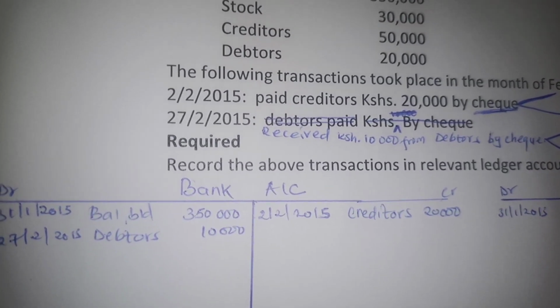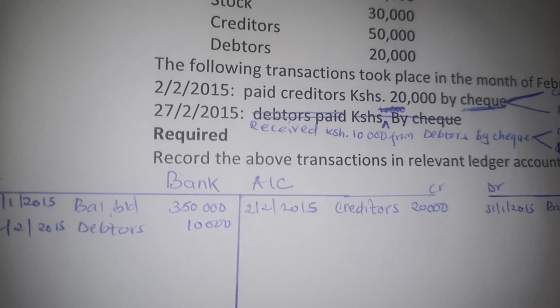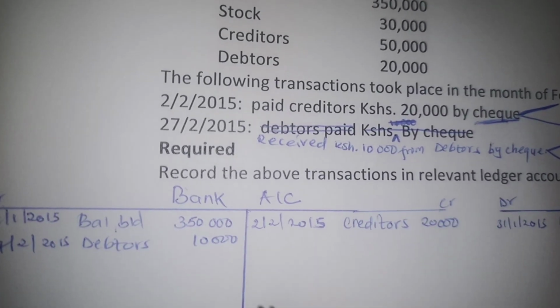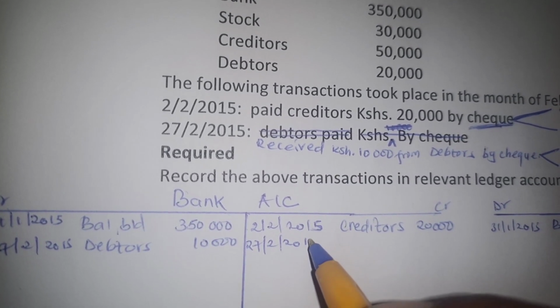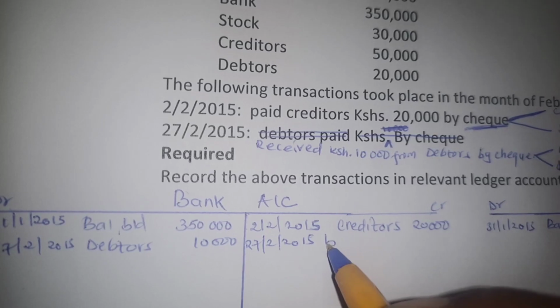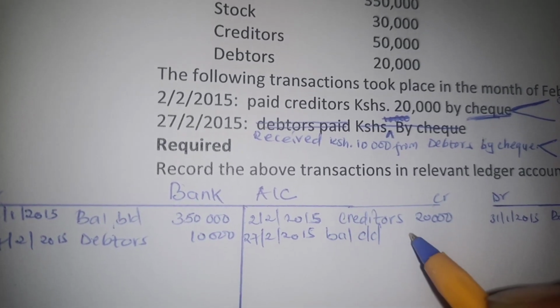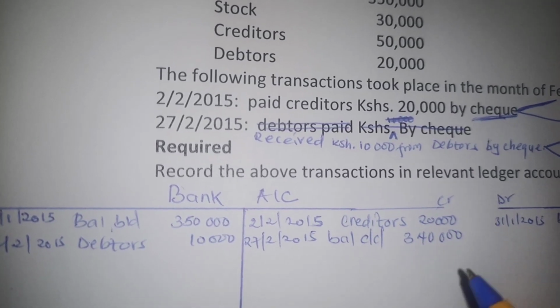So where do you place this balance? You place it on the side with less totals, and in our case it is the credit side. So on 27th of February 2015, the balance to be carried down will be 340,000.